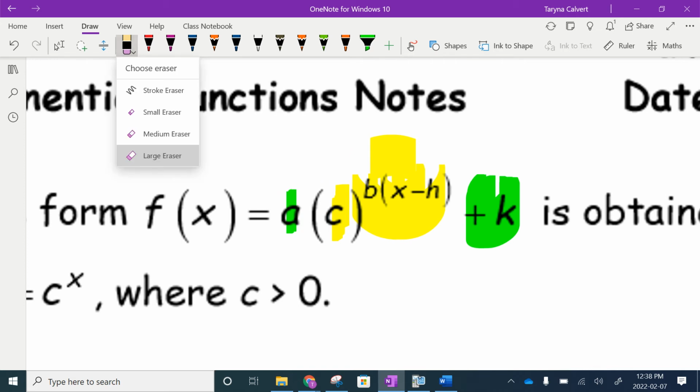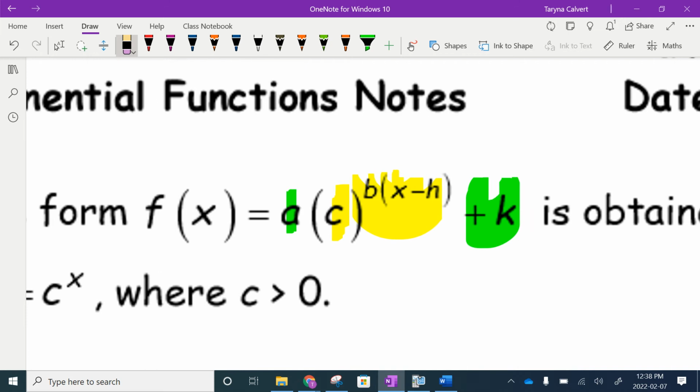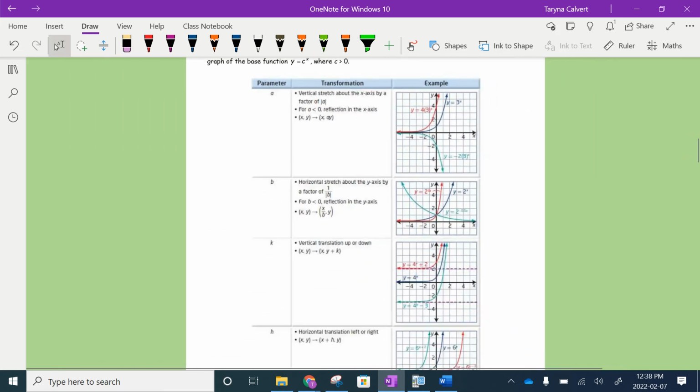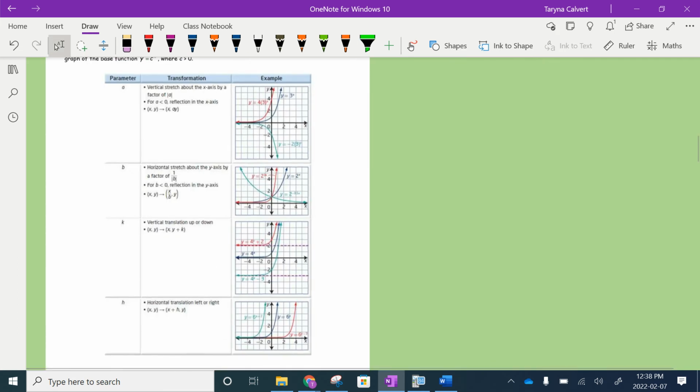With that being said, the table just summarized, hopefully, things that you already knew. It basically went through and described what A, B, H, and K do to the graph. The A value is still a vertical stretch by a factor of A about the x-axis, but if A is negative, there's a reflection in the x-axis.